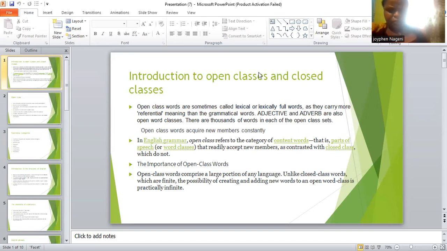There are dozens of words in each of the open class sets. Examples of open class words are lexical verbs, nouns, and adjectives.